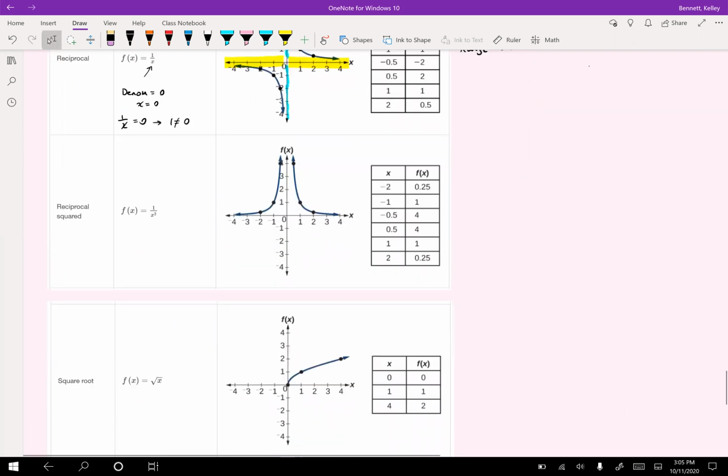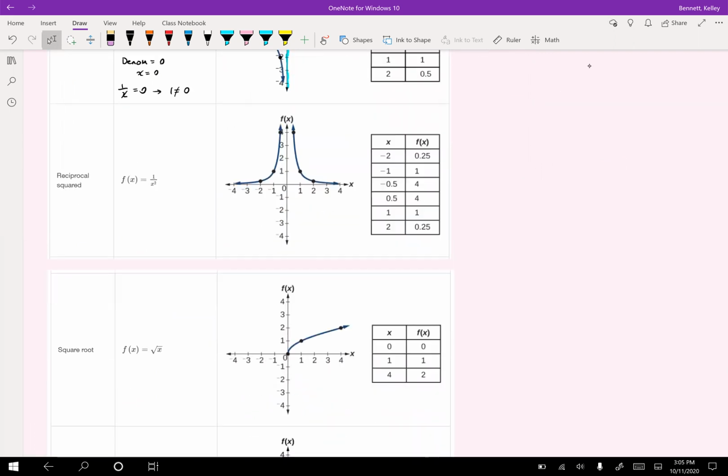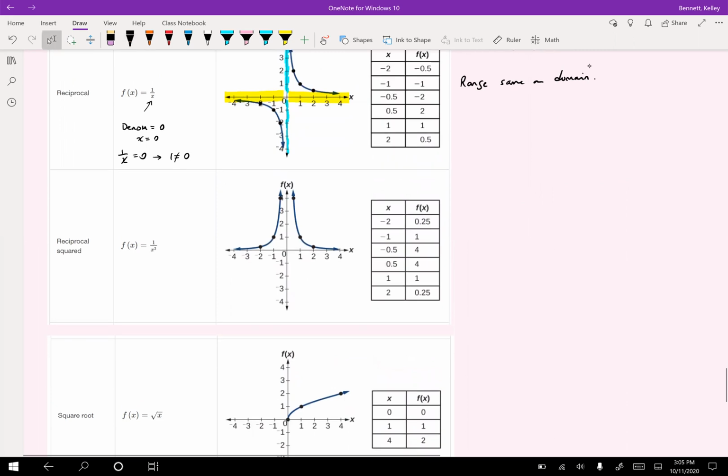For the reciprocal squared function, it's the same as the reciprocal, except I'm squaring the denominator. So again, if I want to figure out where I'm going to have problems, I set my denominator equal to 0. So x squared equals 0. And solving that, I get x equals 0. And then similarly for range, if I want to know when the height is 0, I would end up at the same situation, 1 equals 0 again.